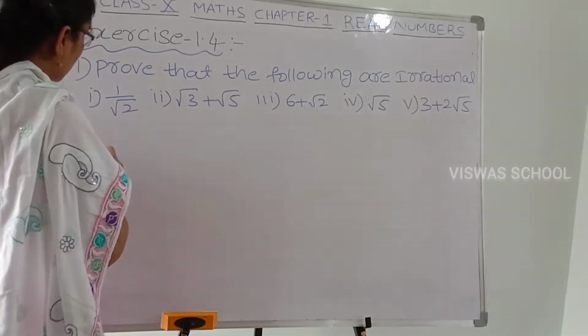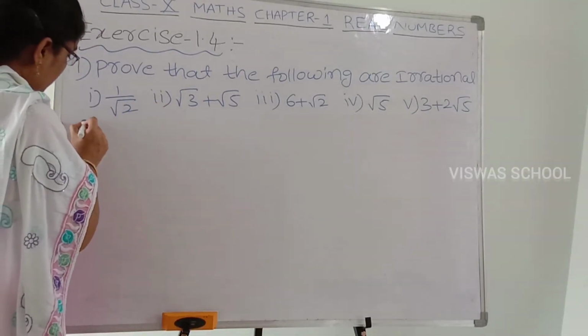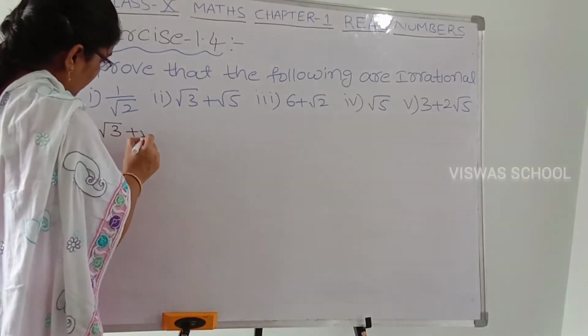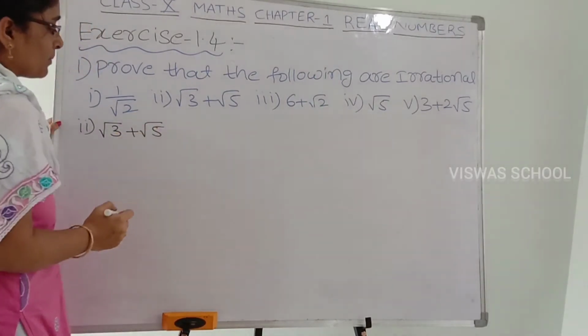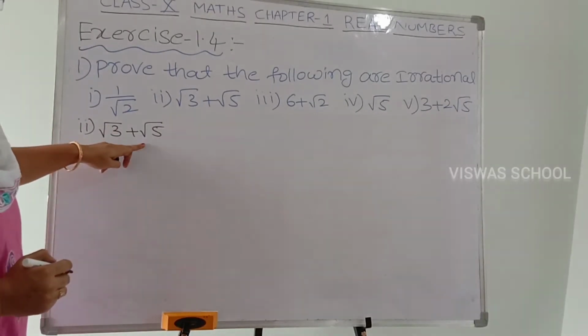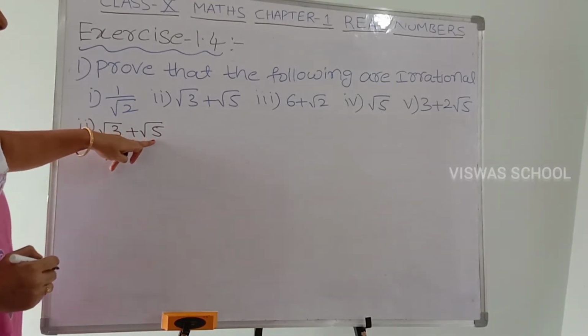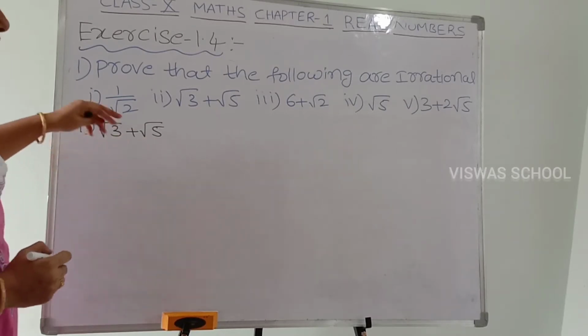Next, second one is root 3 plus root 5. To prove this root 3 plus root 5 is irrational, first assume root 3 plus root 5 is a rational number.